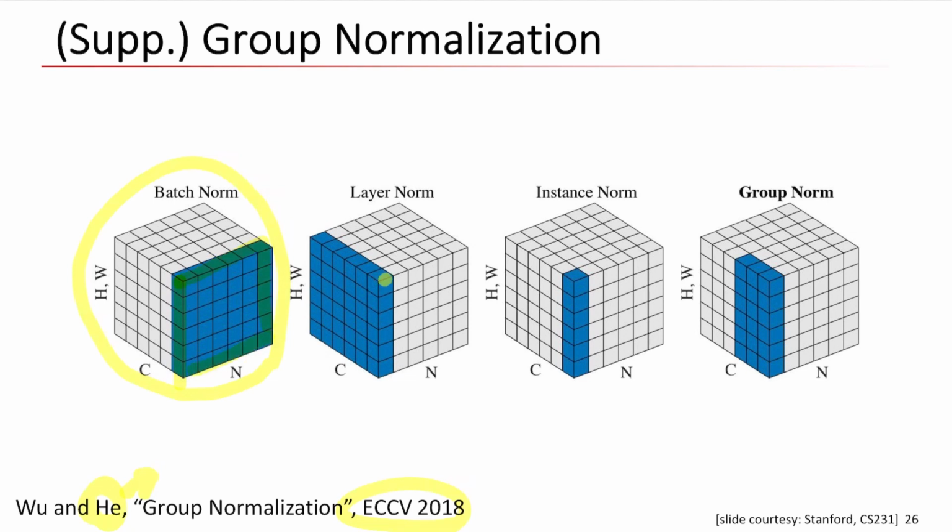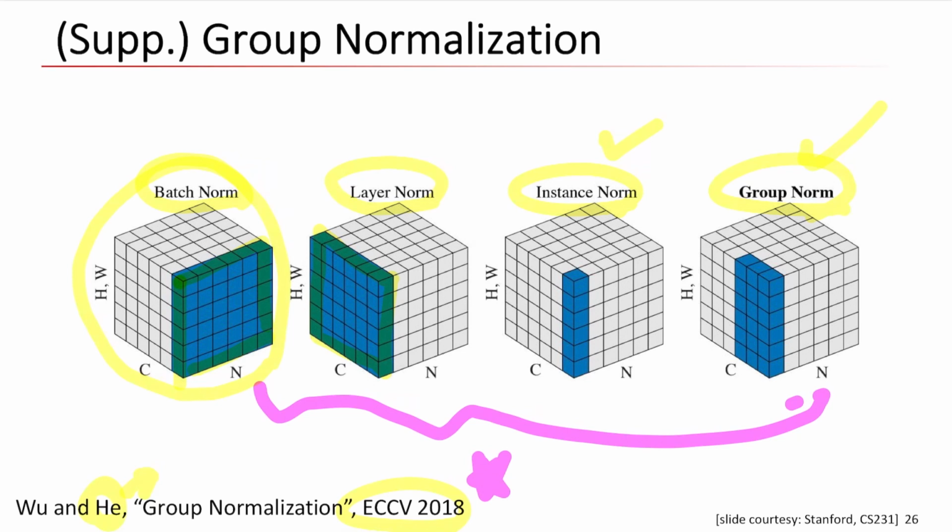But by defining a local window to compute the average and deviation, the batch normalization can be modified into layer norm, instance norm, and group normalization, right? So in some applications, the instance normalization is better than the batch normalization, or the group norm is better than the batch normalization or the instance normalization. So I suggest you read this paper to understand those concepts of normalization during training our network.